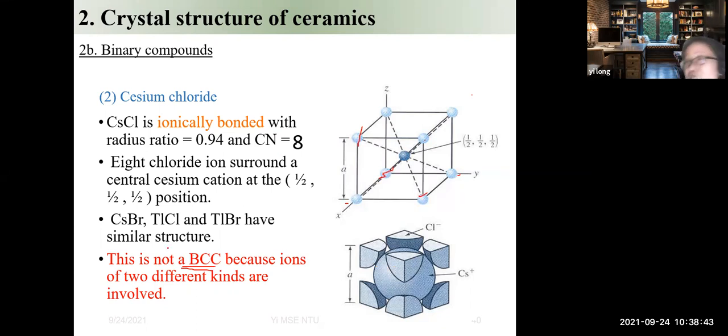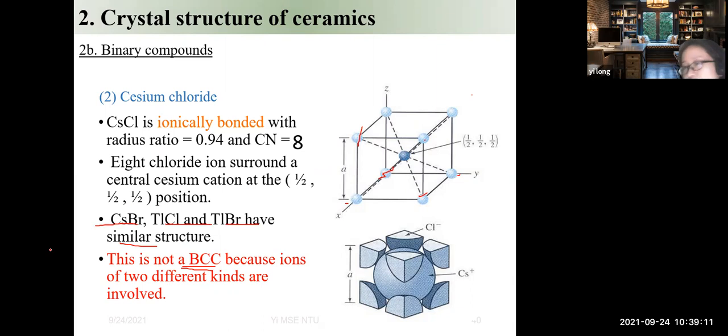Okay, but you can use some tricks for you to remember. Because we always use something we're more familiar with to remember new things. So this cesium chloride structure is a little bit like a BCC structure. So 8 chloride ions surround a central cesium cation at the body center position. Cesium bromide, titanium... all these have similar structures.